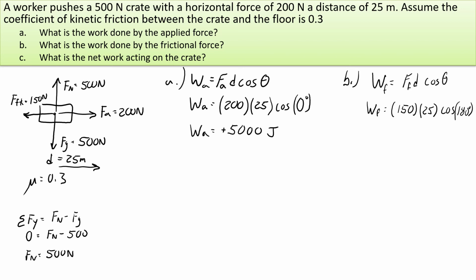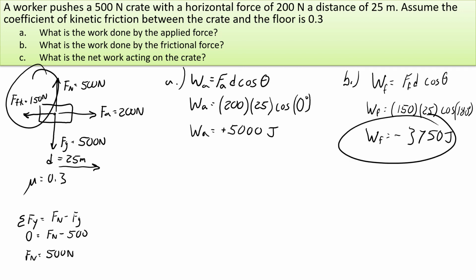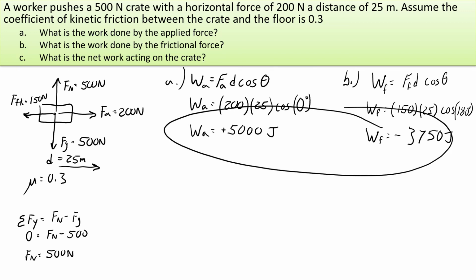Cosine of 180 is -1, so that's going to give us a negative number, and 150 times 25 is 3,750 joules. So the frictional force is taking out this much energy from the system. The applied force is putting in this much energy. So the real question is part C, what is the net work done by these two forces?